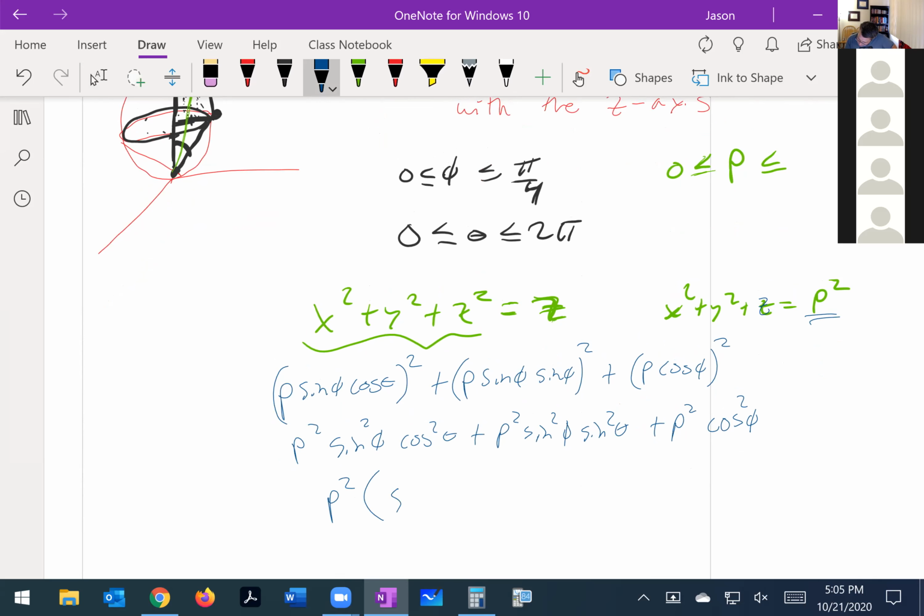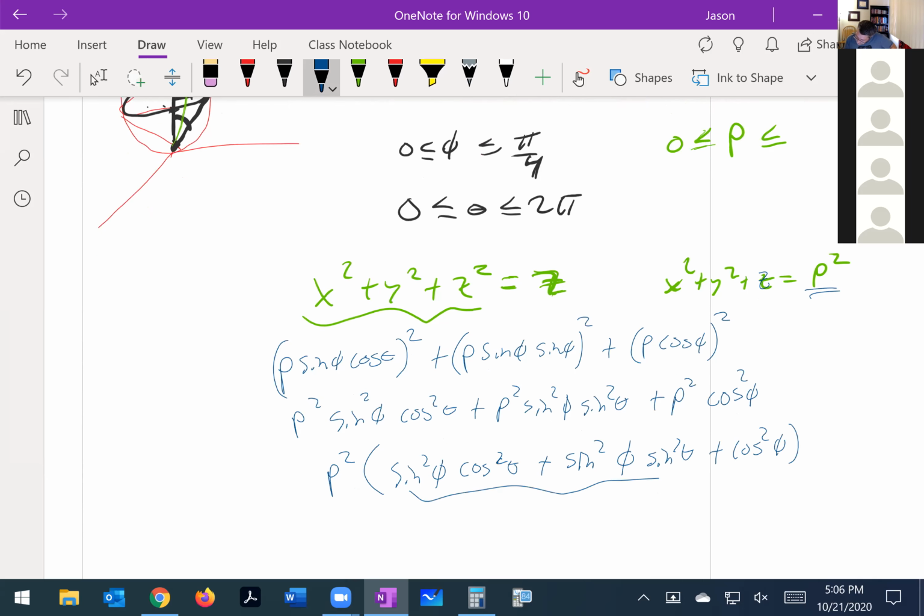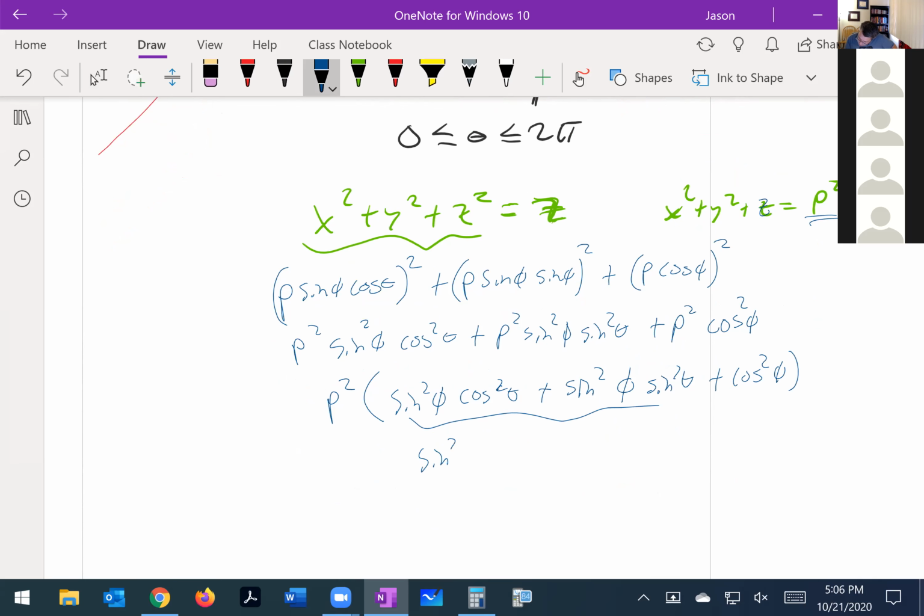We get sine squared phi times cosine squared theta plus sine squared phi times sine squared theta plus cosine squared phi. On these two, I'm going to factor out the sine squared phi: rho squared times sine squared phi times cosine squared theta plus sine squared theta, plus cosine squared phi.